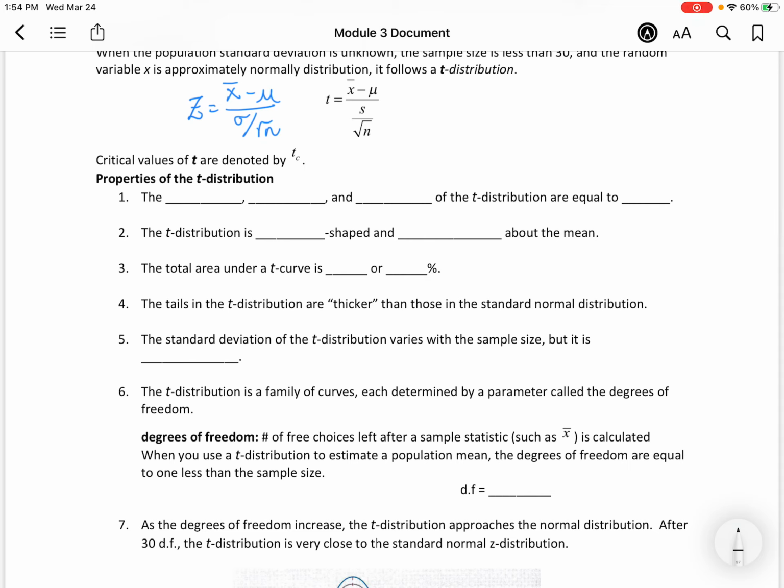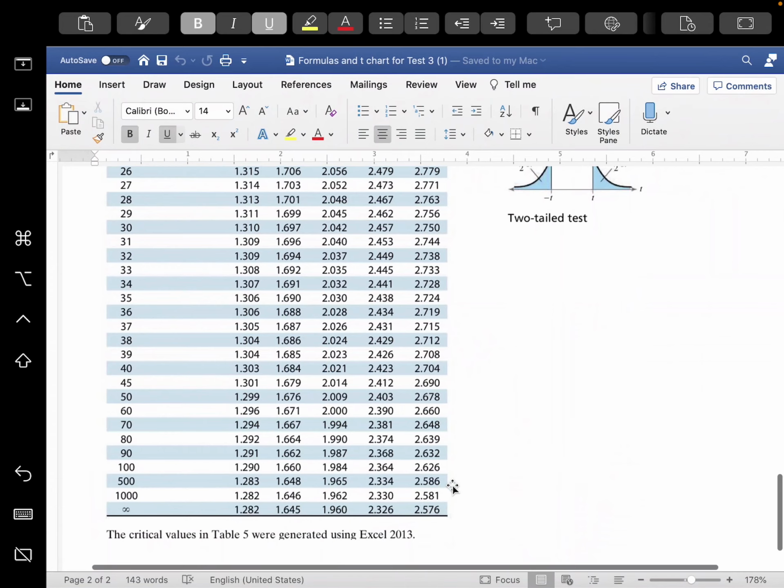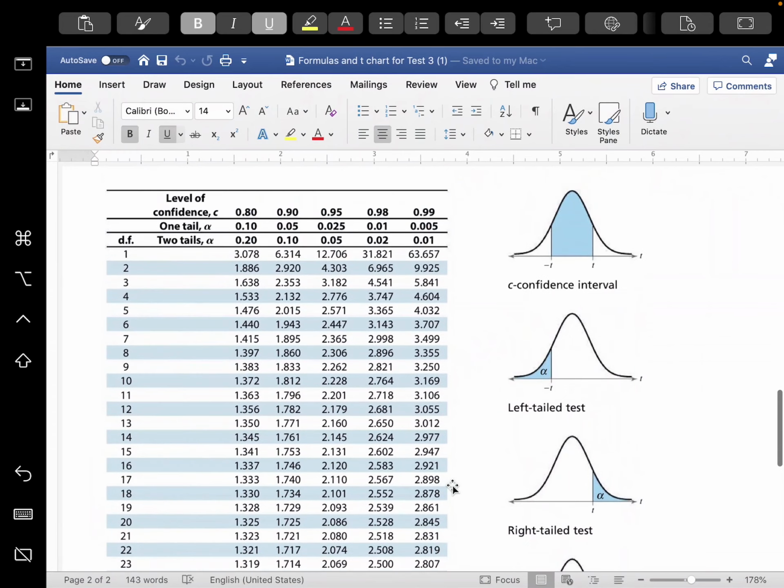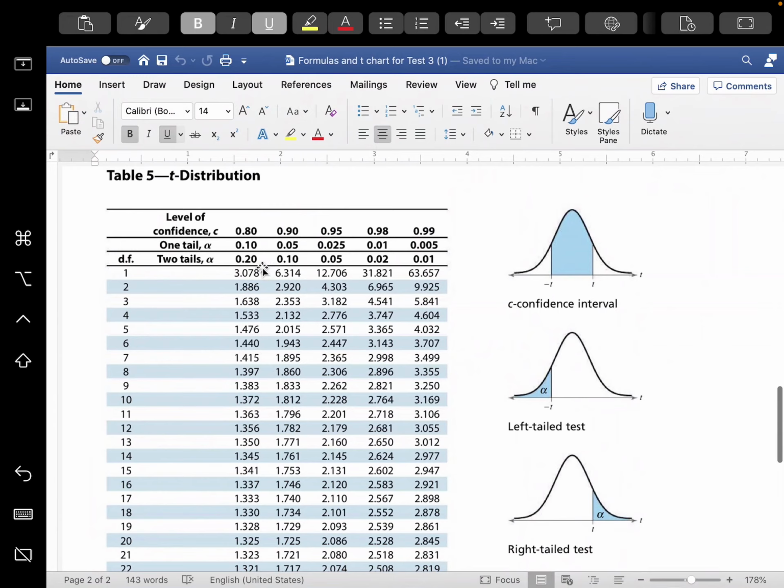So just like confidence intervals for z's, we could calculate this negative and positive z-score. So now we're going to do that for the t-score. I want to draw your attention down to the bottom of this chart, this infinity line that I just made reference to. 1.645, 1.96, 2.576. Those numbers should look familiar. And if you look up here at the top of this chart, and we will be using this chart for both chapters 6 and 7, that's why there's extra stuff up here.